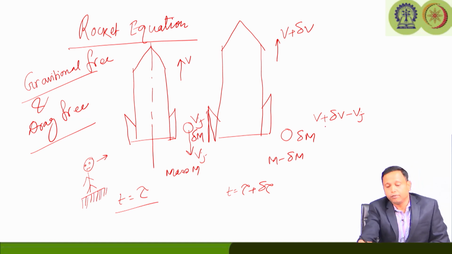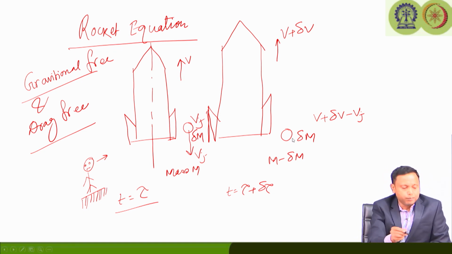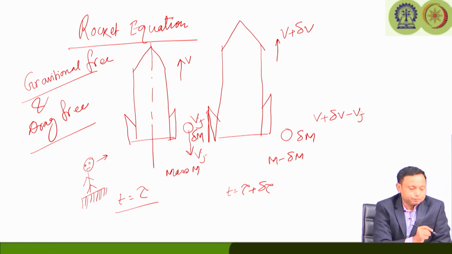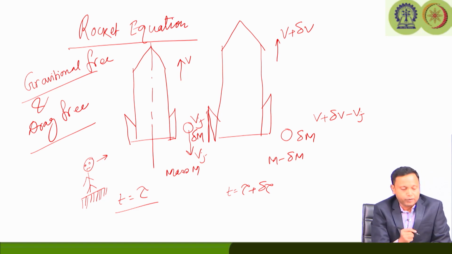So the velocity will be v plus delta v minus v j. What we will do is simply balance the momentum of the rocket with respect to the inertial frame of reference, because that is conserved. We will write down the momentum at time instance tau and at time instance tau plus delta tau, and from there we can derive the rocket equation.